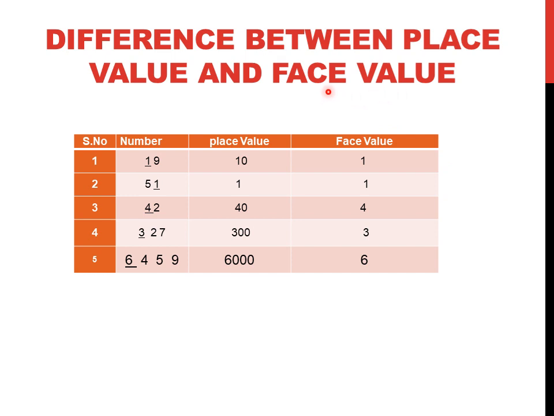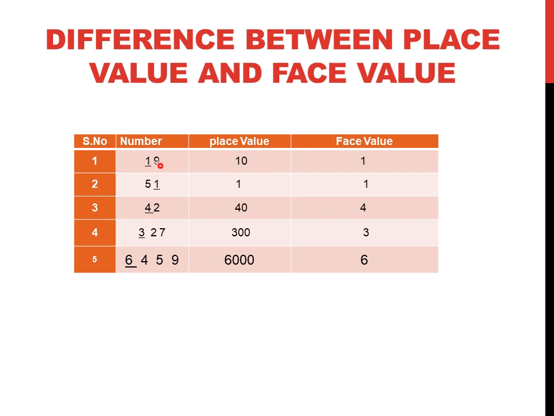So face value represents the digit itself. Here is the exam pattern you will get in your test. The numbers are given, and one number will be underlined out of them. For that particular number you need to mention the place value and face value.